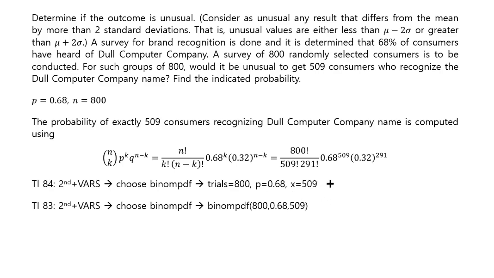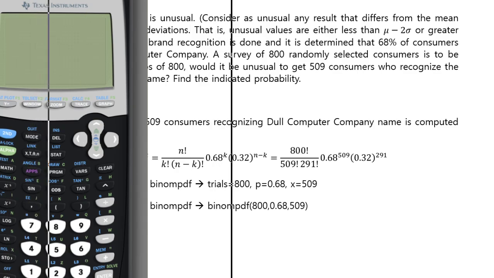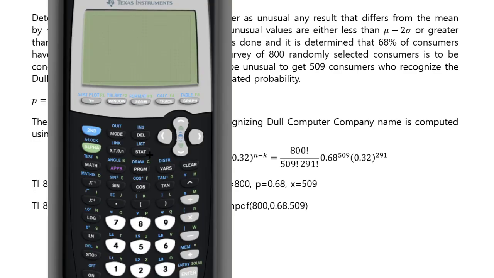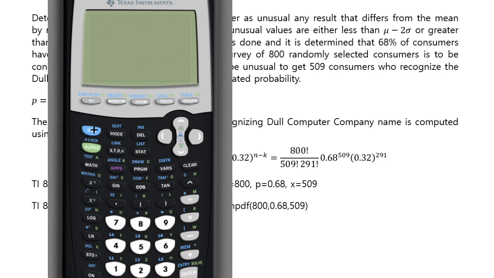Once you put these numbers and press enter, enter, enter, actually I have a software TI-84 here, and let's see, you can turn this on. Let's clear. You can do second vars. That gives you all the probability distributions.